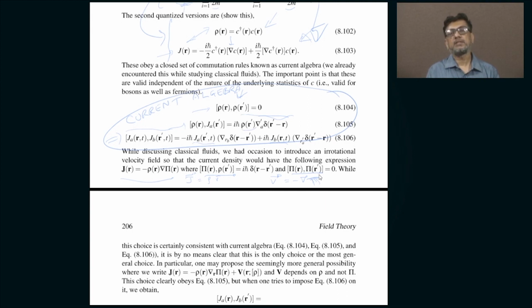It is called a velocity potential because its negative gradient is the velocity, just like in electrostatics the electric field is the negative gradient of a scalar potential or an electric potential. That is the reason why it is called a potential. Similarly here, pi is called a velocity potential because its negative gradient is the velocity.